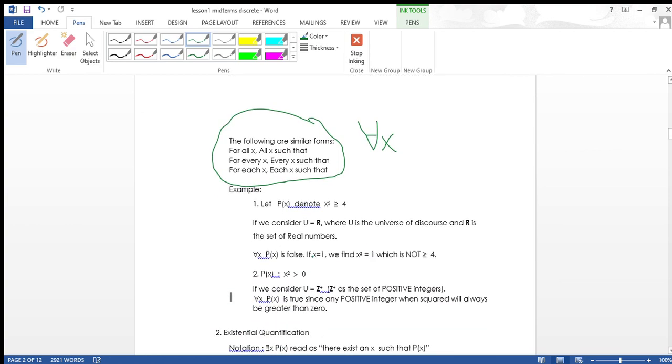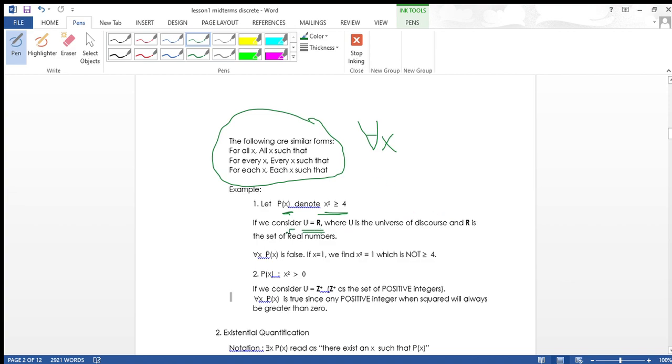Some examples. Let p of x denote x squared greater or equal to 4. So, our variable here is x. Our function is x squared greater or equal to 4. And it is given in the problem that the universe of discourse is the set of real numbers.